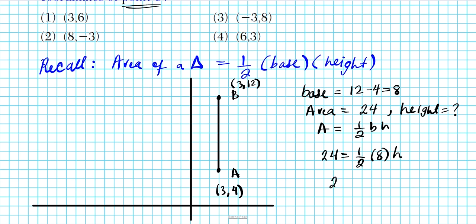So we have 24. 1/2 of 8 is the same thing as 8 over 2, which is 4. 4 times h is 24. So divide both sides by 4. And that gives you an h value of 6.